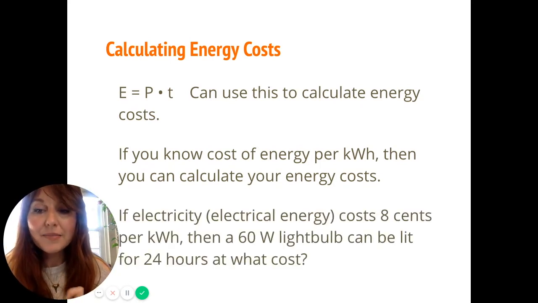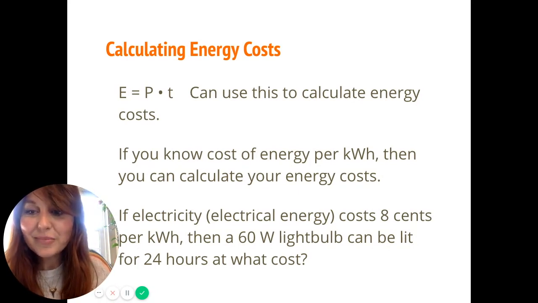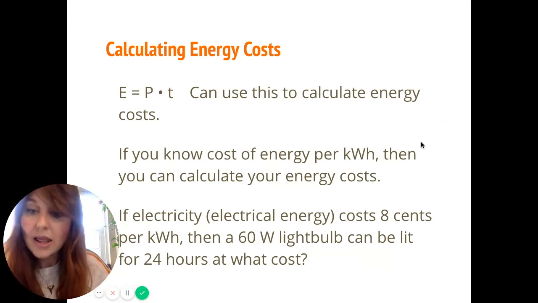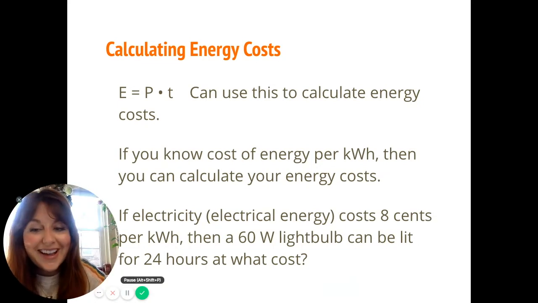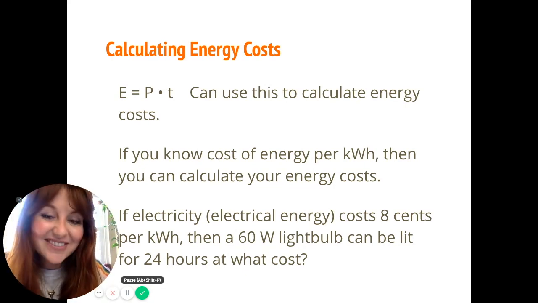All right, so let's try this one with 8 cents because it's a little bit cheaper. If electrical energy, that's your kilowatt hours, costs 8 cents per kilowatt hour, then a 60-watt light bulb can be lit for 24 hours at what cost? Let's pause. Did you convert the 60 watts to 0.06 kilowatts first?